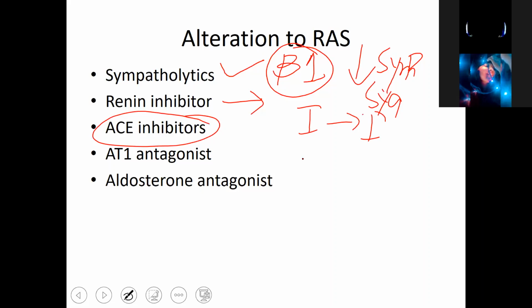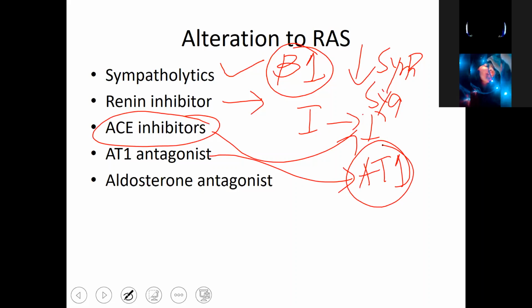Or we can directly inhibit the final destination of the angiotensin, that is the AT1 receptor, where most of the physiological effects happen. Or we can go one step further and give an aldosterone antagonist, like spironolactone.